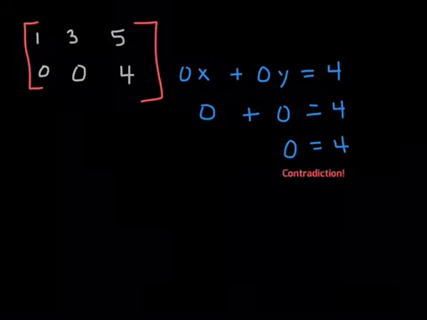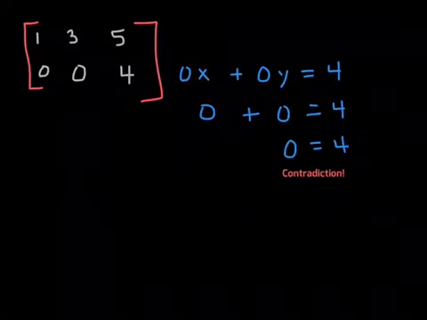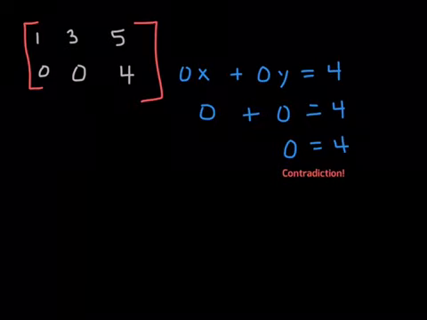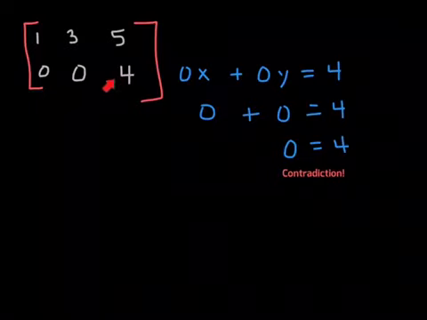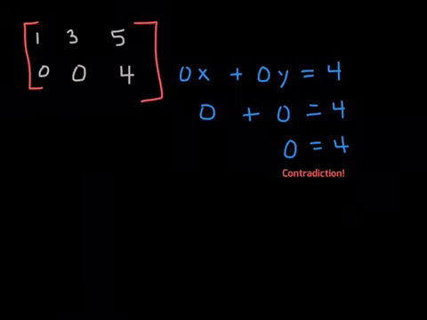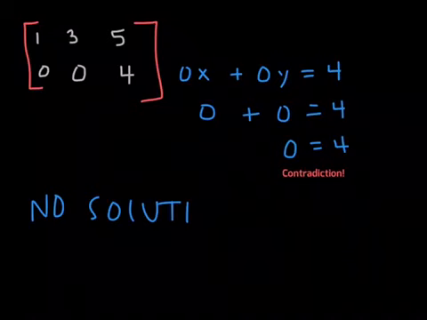If this happens to you, keep this in mind: if at any point when using matrices, one of the rows becomes all zeros except for the last number, then that means you have a contradiction, and your final answer is no solution. No solution. Okay? I'm going to say that again.